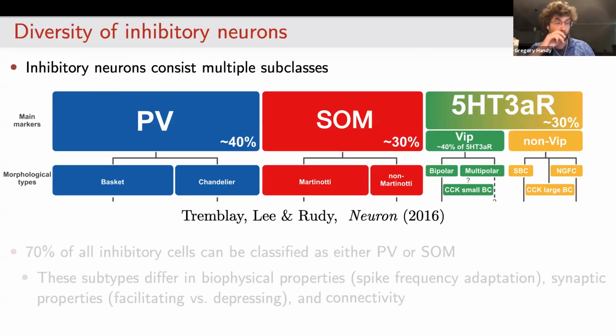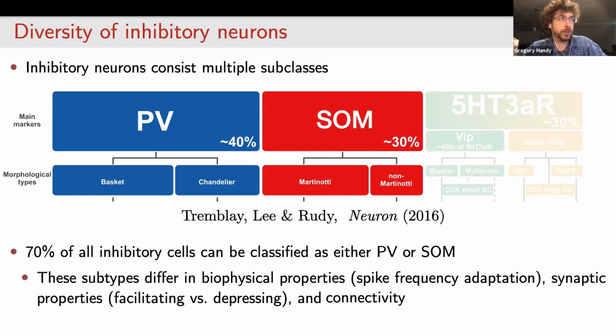Luckily, there are other players we can choose, and that comes from the fact that among inhibitory neurons there's not just one type; there are subtypes. PV and SOM are two of the main types, and the two that I'll be focusing on for this talk. They make up 70% of all inhibitory neurons. These are just genetic markers that can be used to identify these subtypes.